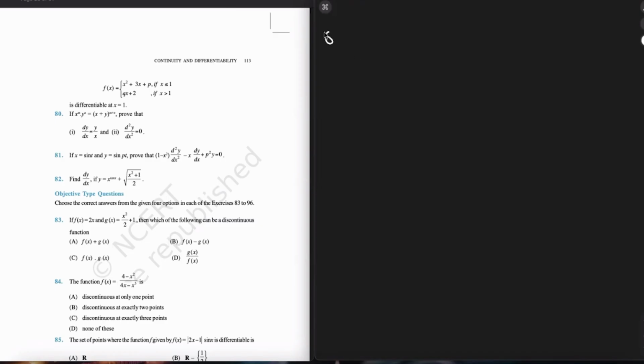So question number 82. Find dy by dx if y is equal to x raised to tan x plus (x square plus 1) raised to 1 upon 2. Okay.